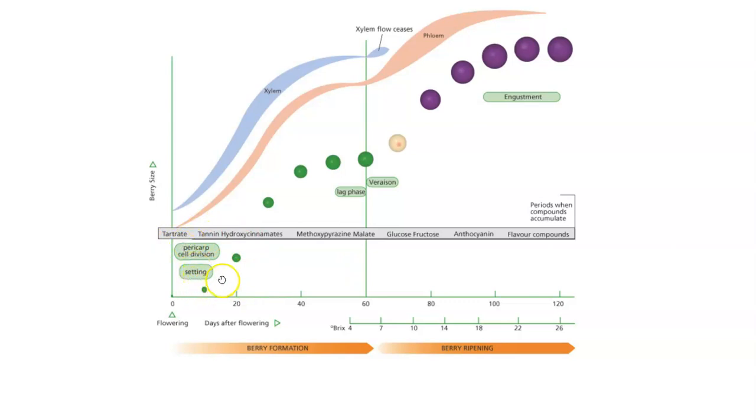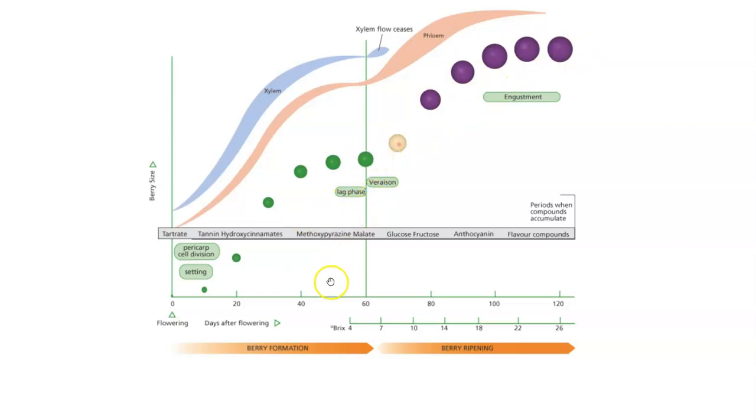So you have tartaric acid and tannin accumulating, and malic acid accumulates, and then malic acid and methoxypyrazine reach their maxima at this point here. Then this is the lag phase, where the berry lags in weight. So you reach roughly 50% of your final harvest weight, and then malic acid degrades over time through Veraison, and things like methoxypyrazines also degrade over time.